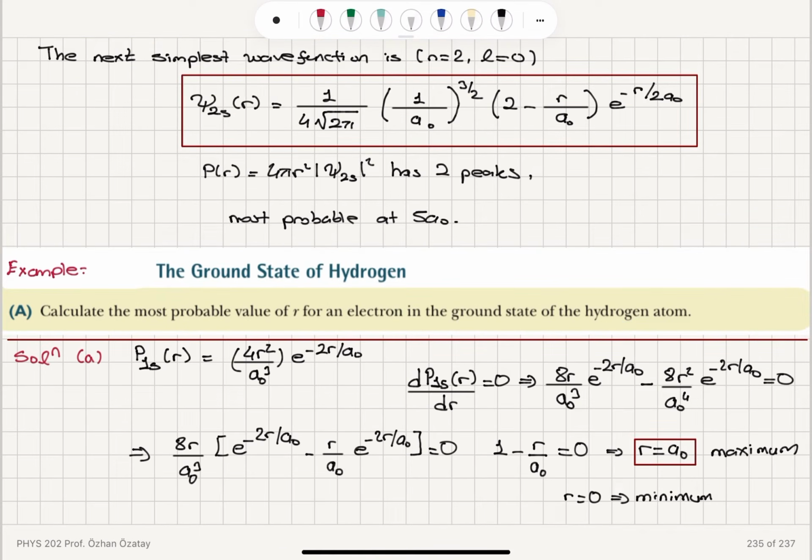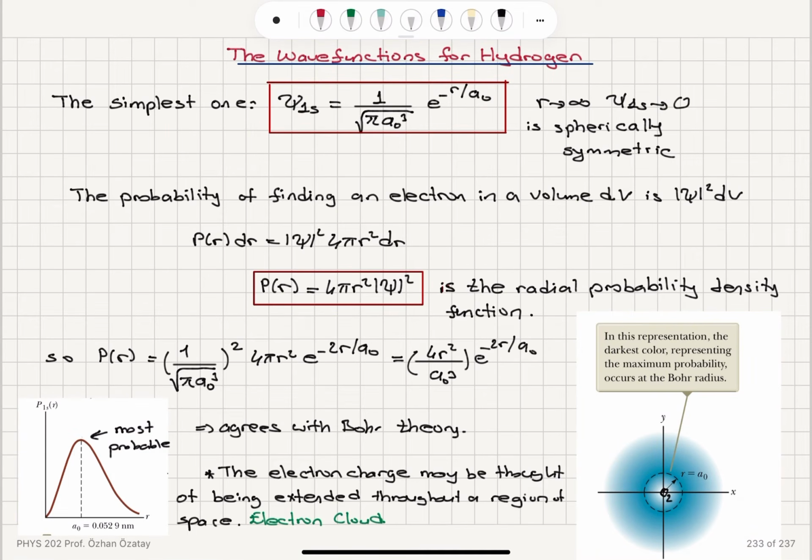All right, so we're looking at the ground state of hydrogen. First, we want to know the most probable value of radial distance r from the nucleus. We use the radial probability distribution function, which is obtained by using the psi1s wave function absolute square times 4 pi r square, which is obtained from a transformation from a volume density function to a radial density function.